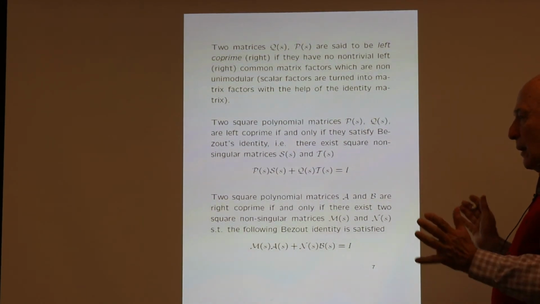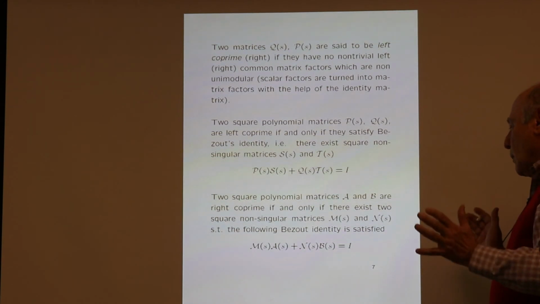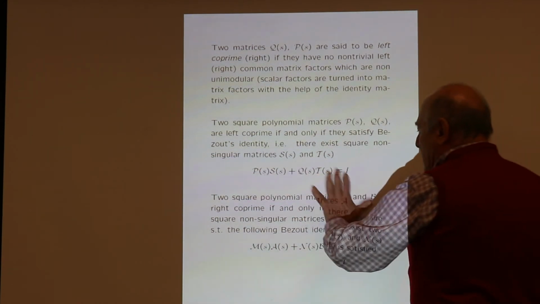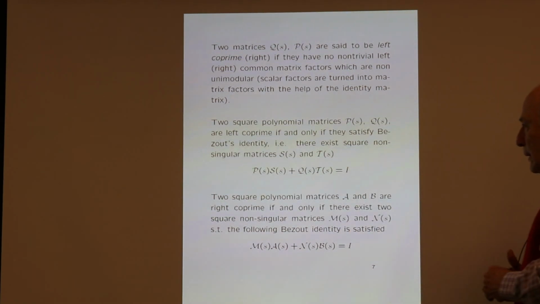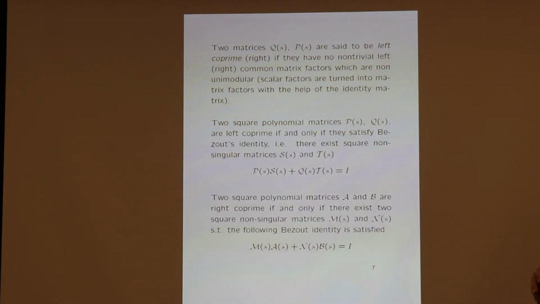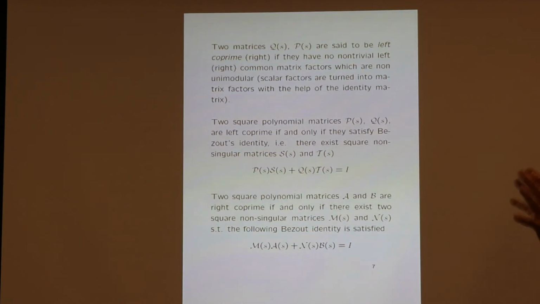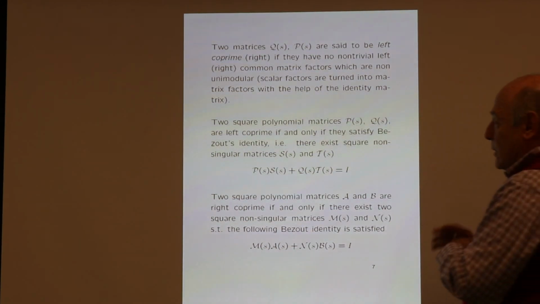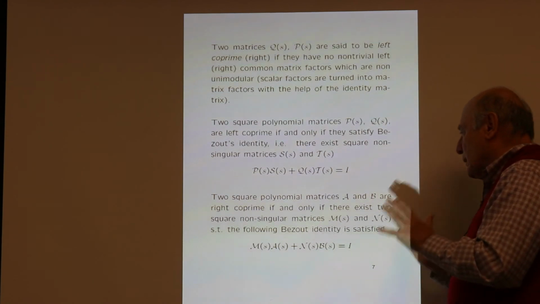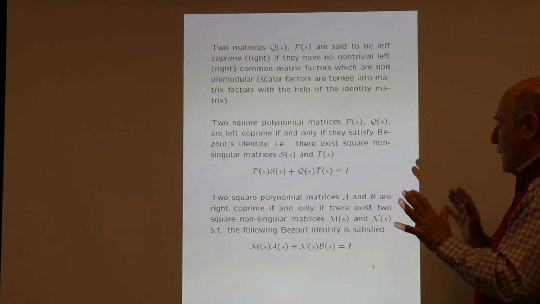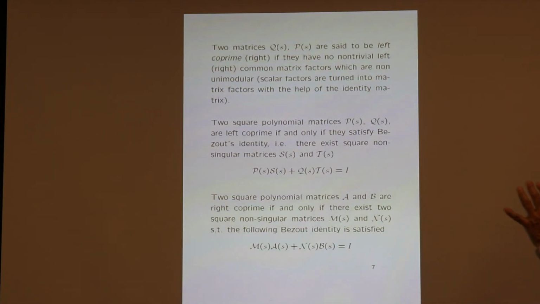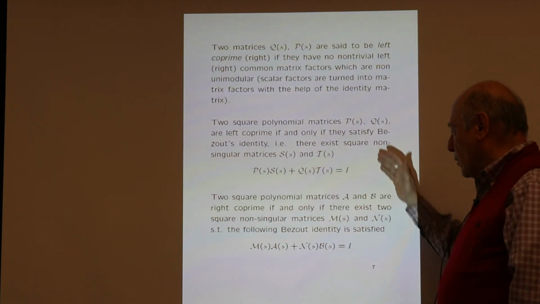Now coprimeness generalizes to the idea of matrices. And constants, which were the preferred numerator of a transfer function representation of a linear single input, single output system, become here the presence of a unimodular matrix on the right-hand side of the representation in terms of polynomial matrices.